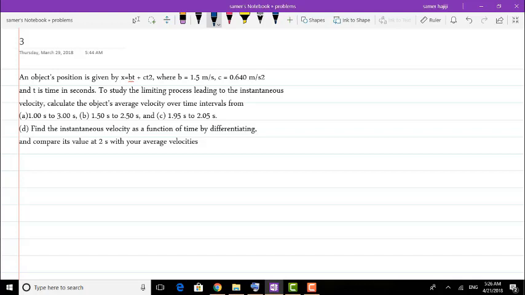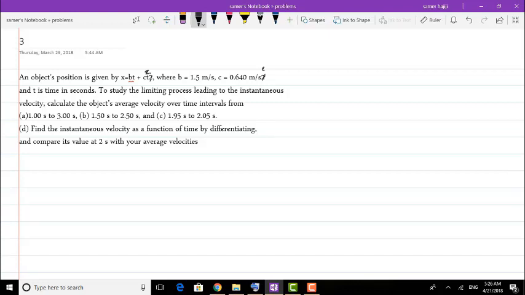An object's position is given by x equals bt plus ct squared, where b equals 1.5 meters per second and c equals 0.640 meters per second squared, and t is time in seconds.